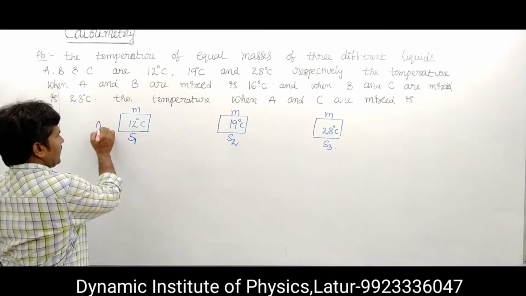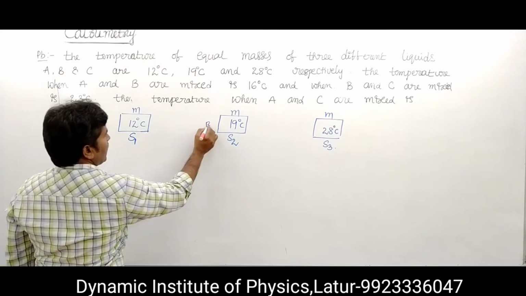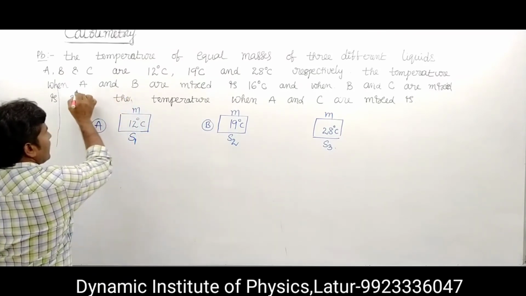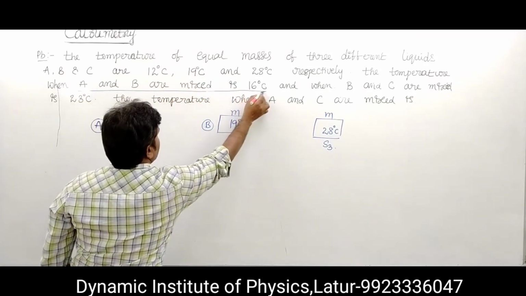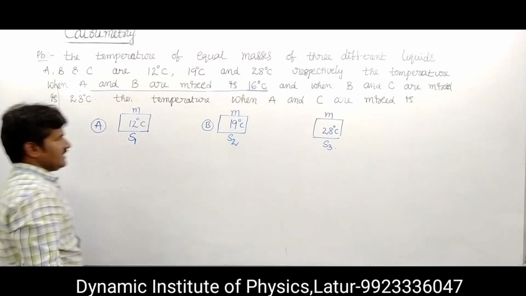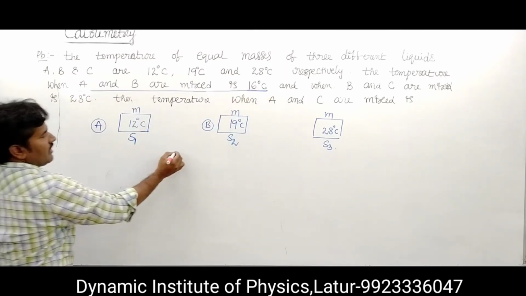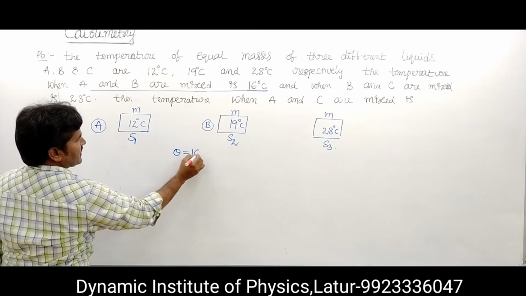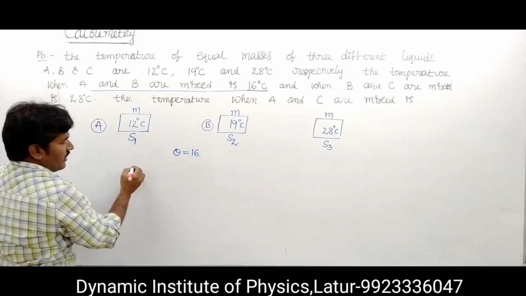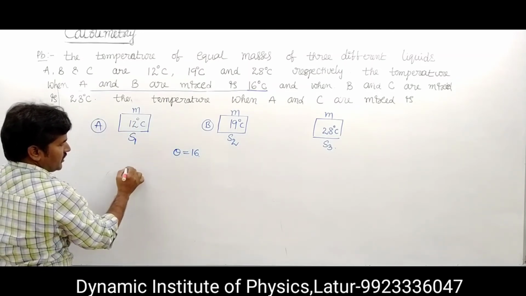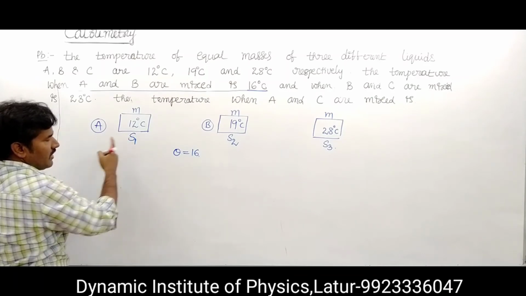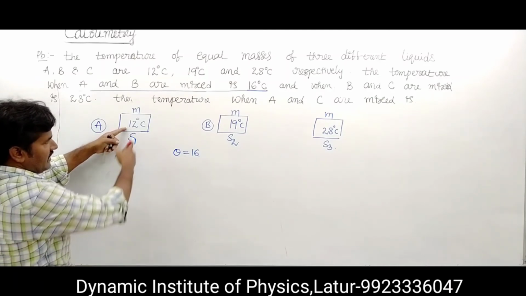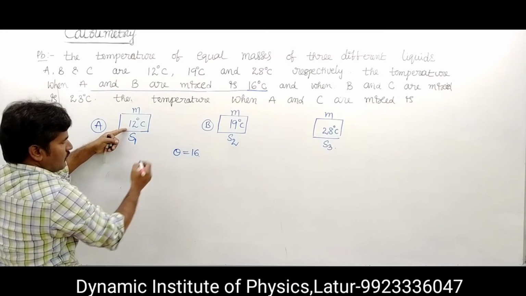When A and B are mixed, the common temperature is 16. A is the cold body, B is the hot body.